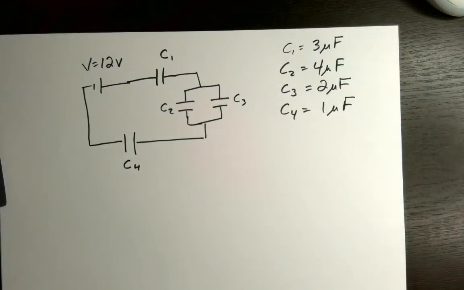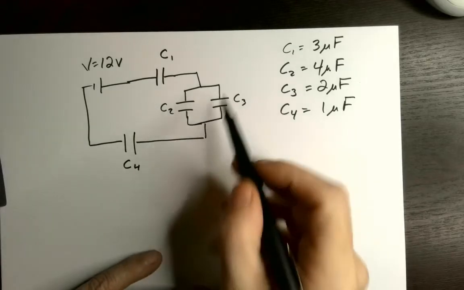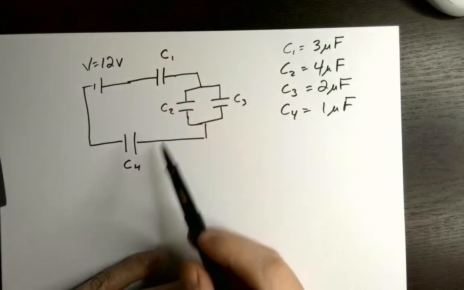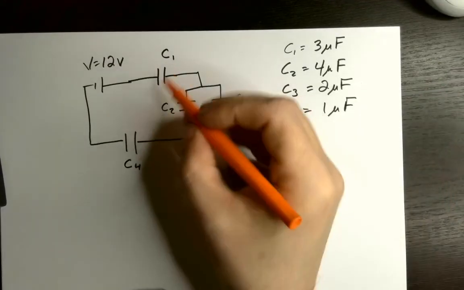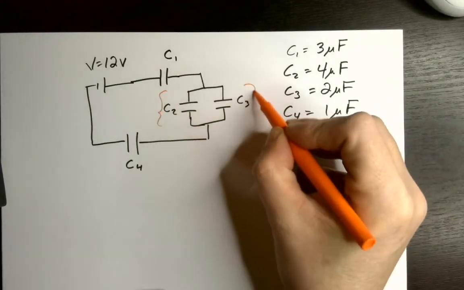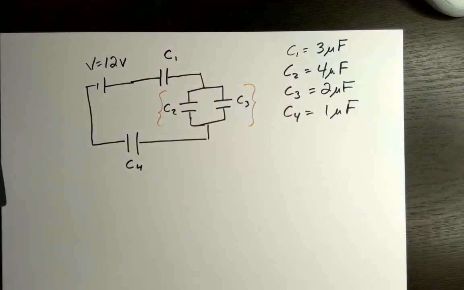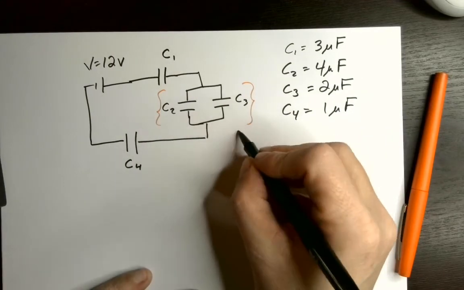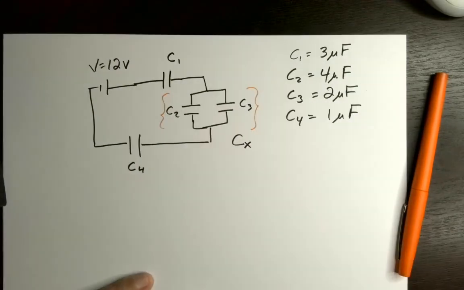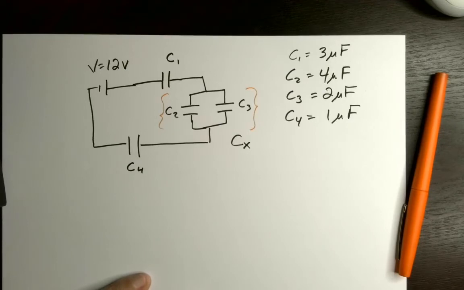So what's the total capacitance of the effective capacitor made from these 4 capacitors in a combination of series and parallel? Well, you start with the smallest and easily subdivided part of that circuit, we will consider the capacitance of these two capacitors in parallel with one another, Cx.